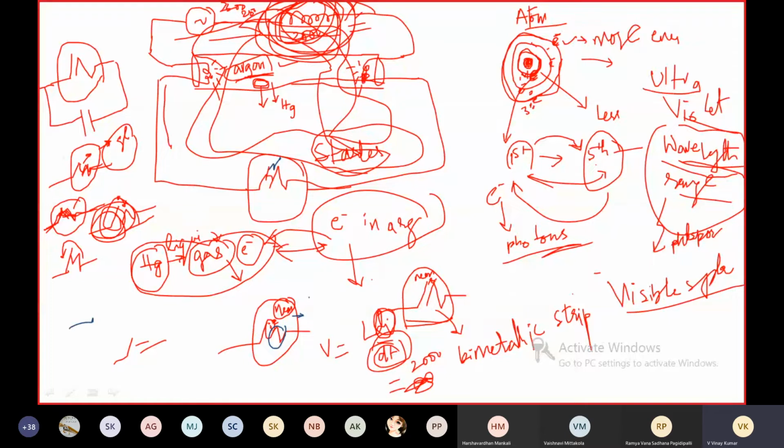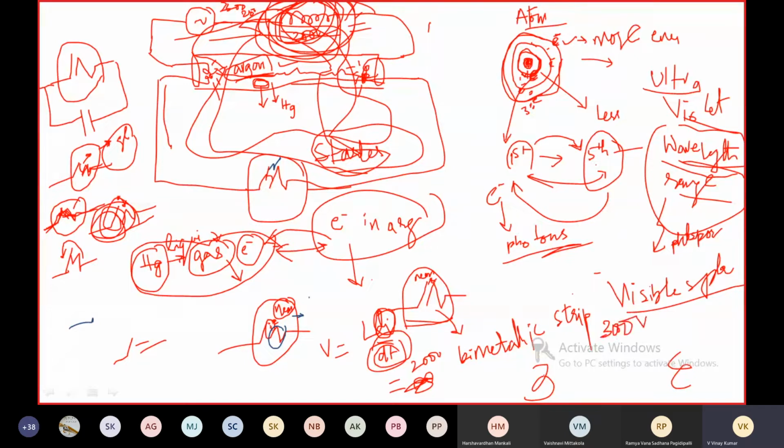Applied between two electrodes, that 3000 volts will establish an electric arc between two electrodes.